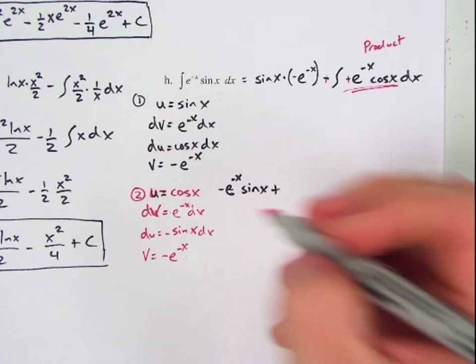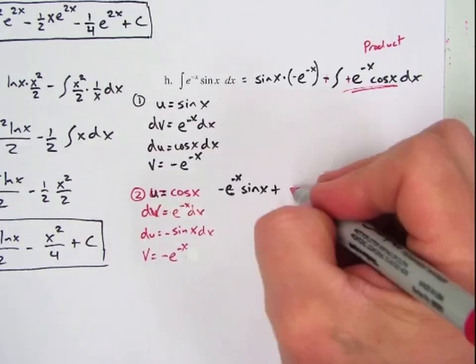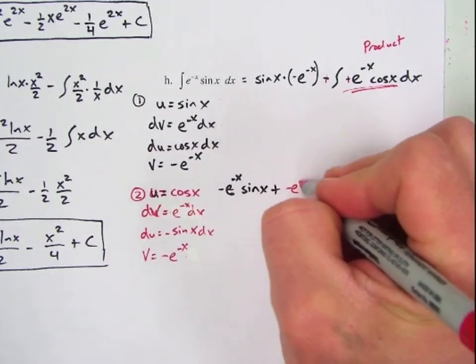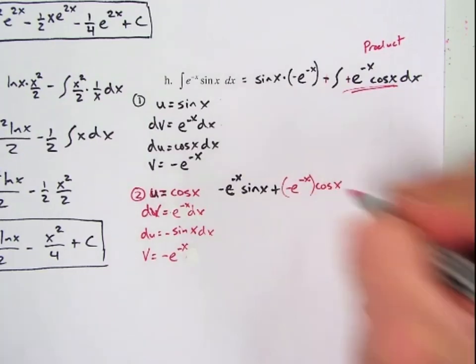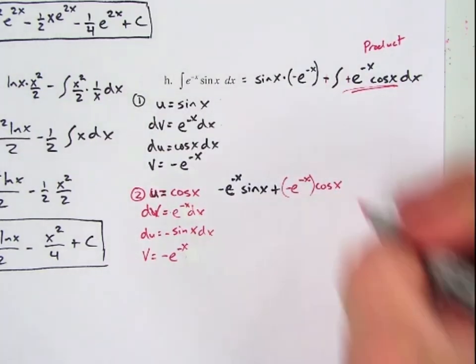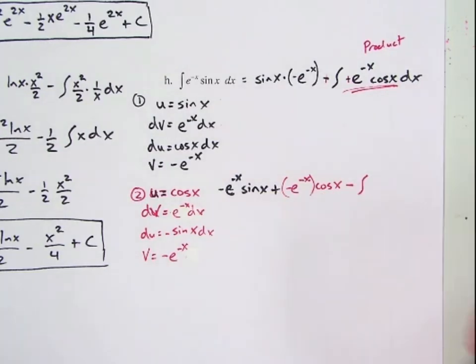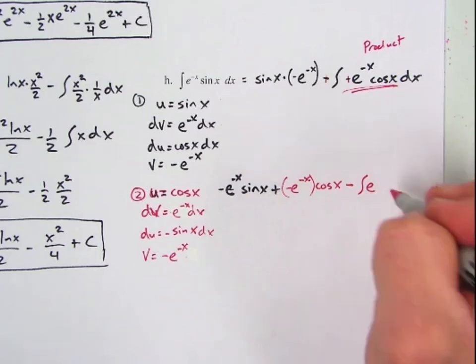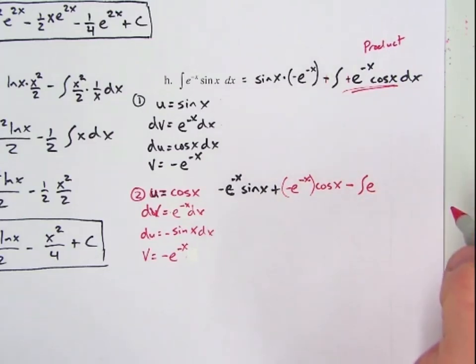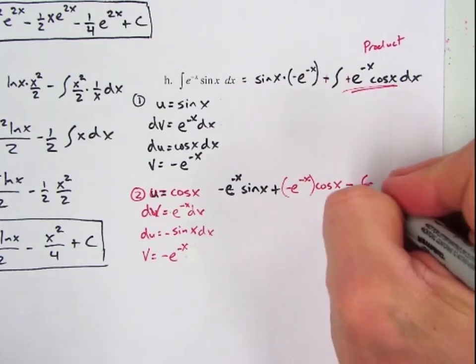uv minus the integral of, this is the exact same thing, negative e to the negative x times negative sine x dx.